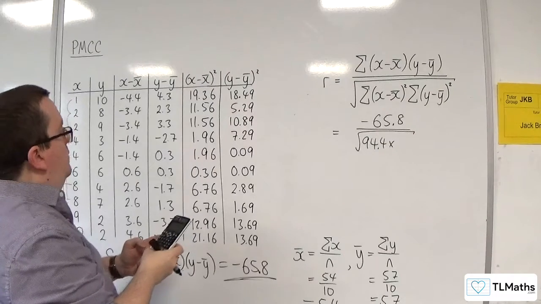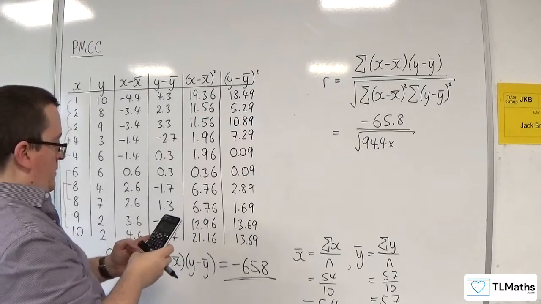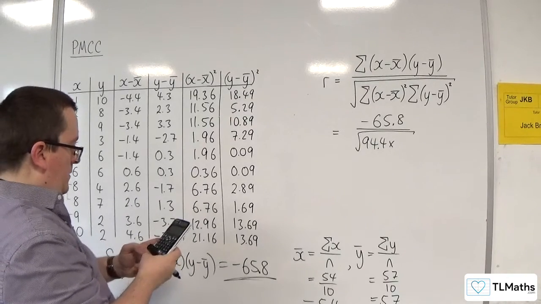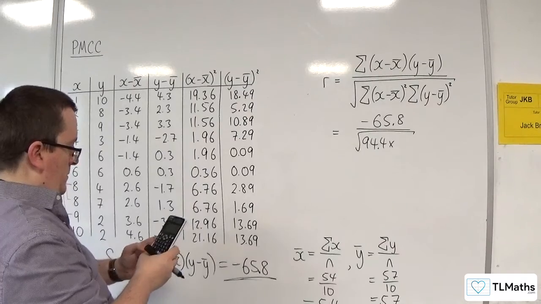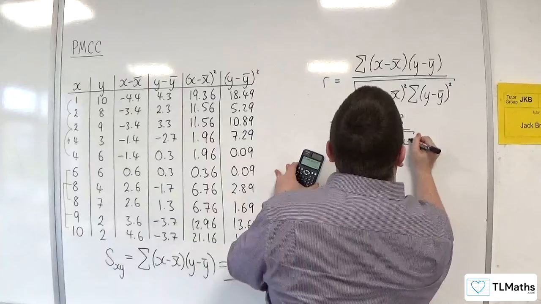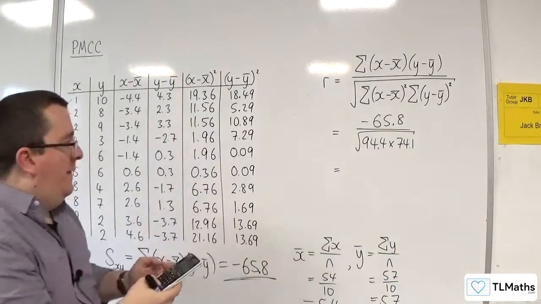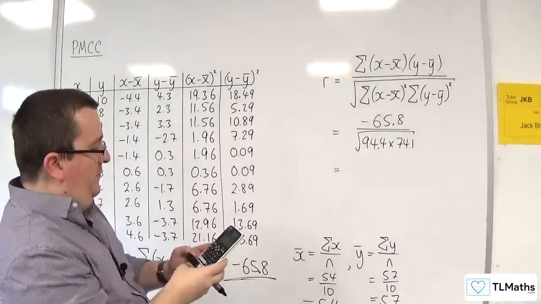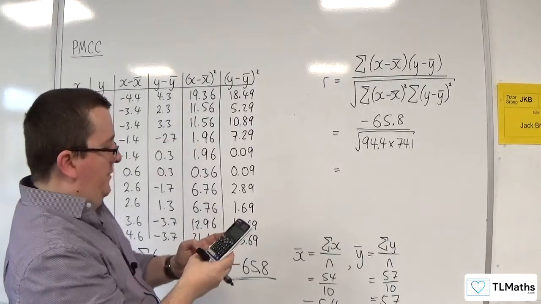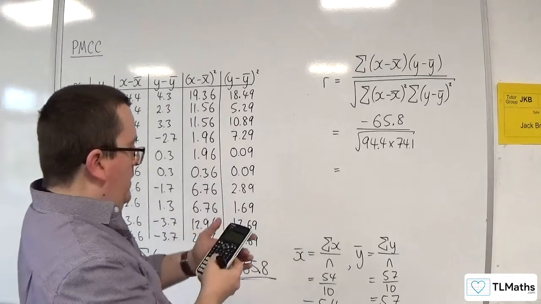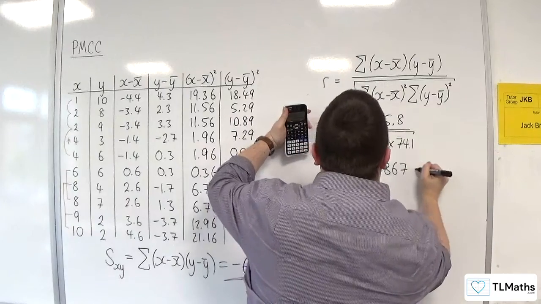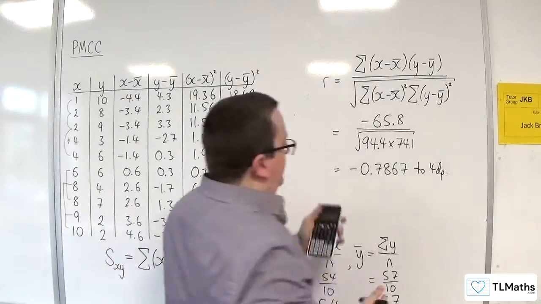Then 18.49, 5.29, 10.89, and 74.1 there. Right, and then finally minus 65.8 divided by the square root of 94.4 times 74.1 is minus 0.7867 to 4 decimal places.